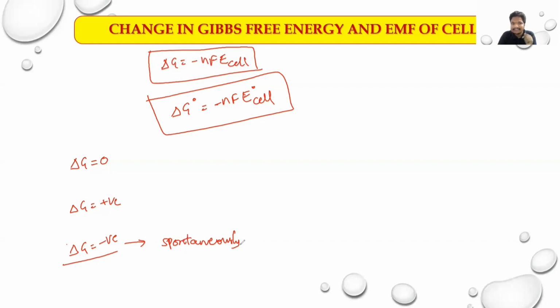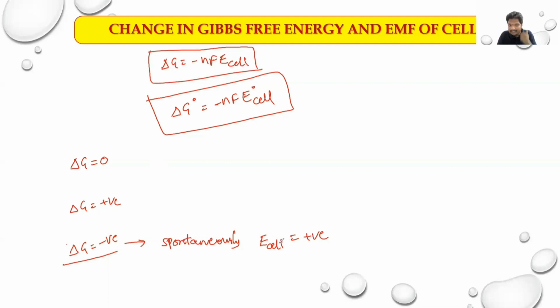And if delta G is negative, then from this expression the E cell of this electrochemical cell will be positive. Am I right? There is a current flow in the electrochemical cell, so it will produce some potential with a positive value.